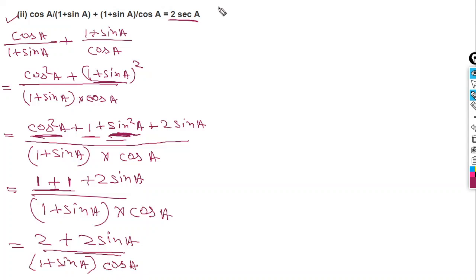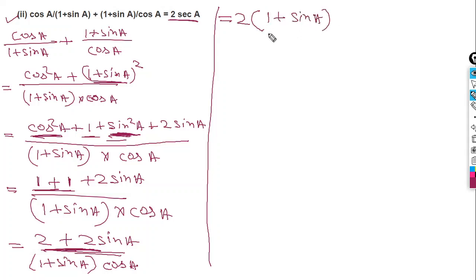Now here you see 2 plus 2 sin A, so we can take 2 common: 2 into (1 plus sin A), divided by (1 plus sin A) into cos A, writing the denominator as it is. Now 1 plus sin A and 1 plus sin A can be cancelled.